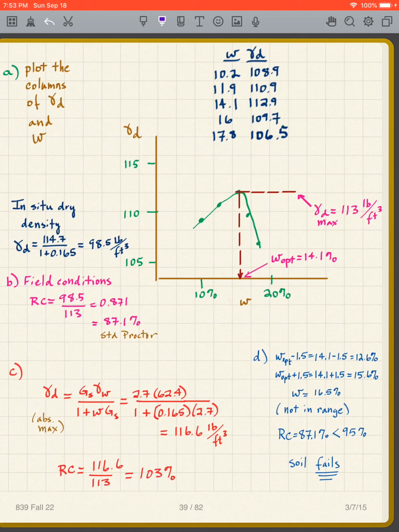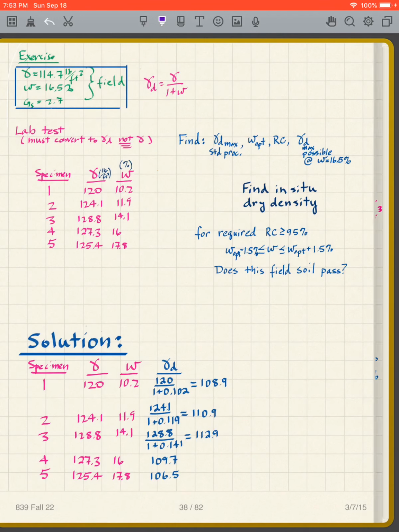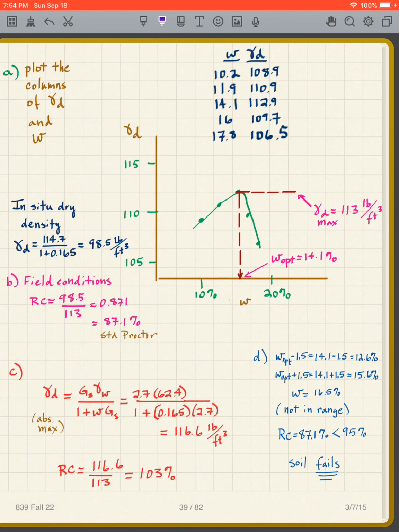And then does our water content pass? So if we want to know what that is, our water content in the field was 16.5%, and our optimum water content is 14.1%.